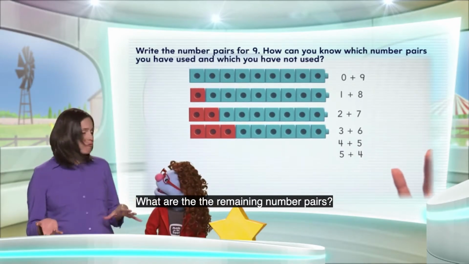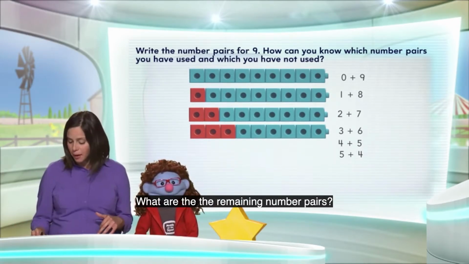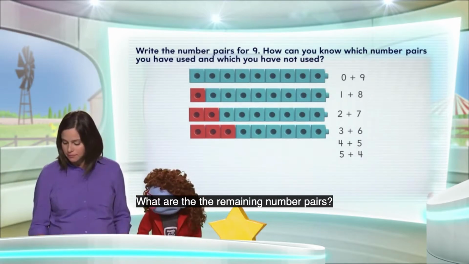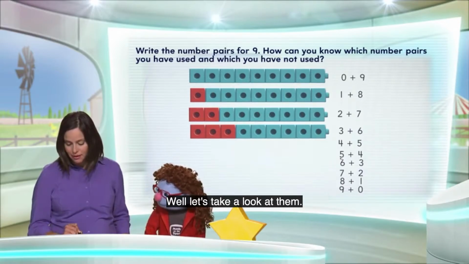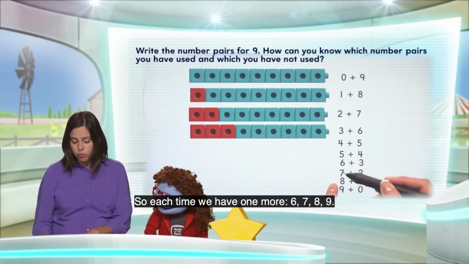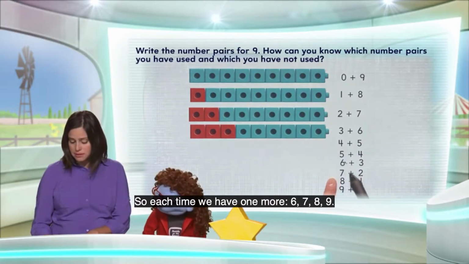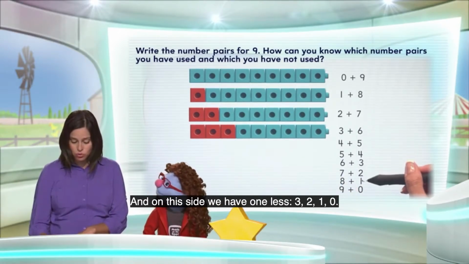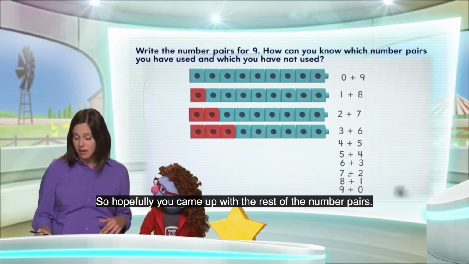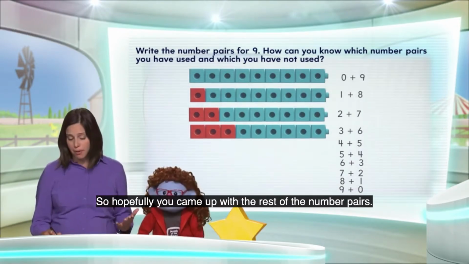What are the remaining number pairs? Well, let's take a look at them. So each time we have one more, 6, 7, 8, 9. And on this side, we have one less, 3, 2, 1, 0. So hopefully you came up with the rest of the number pairs.